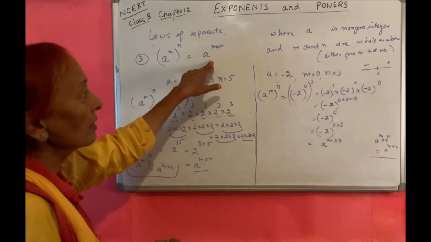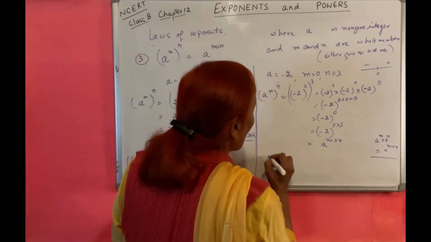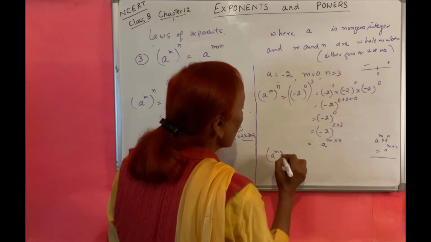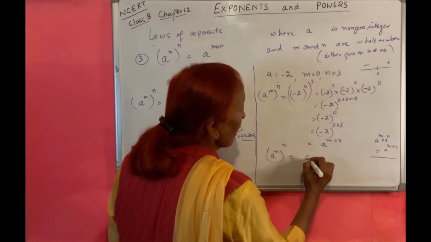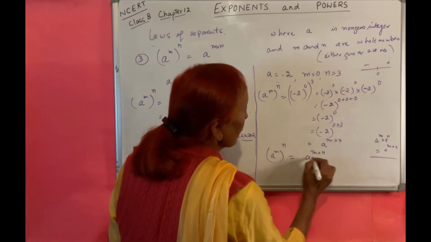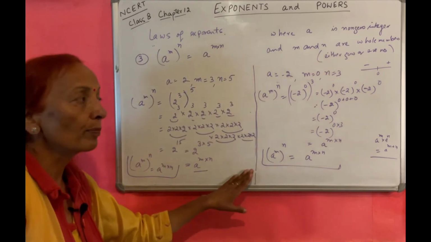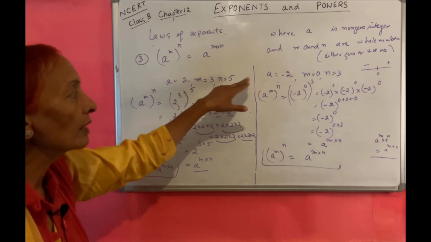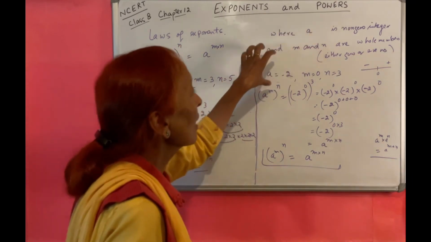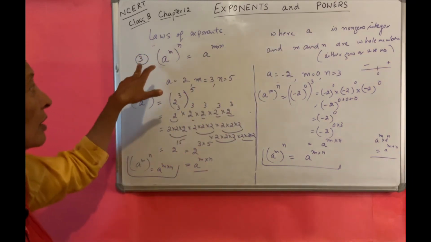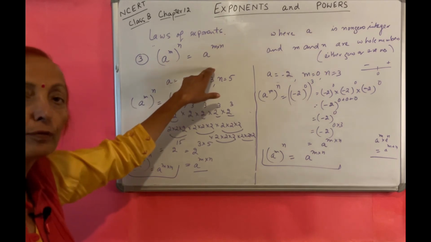This is the right hand side. So we started with A raised to power m raised to power n, and we have proved that it is equal to this. So in both the cases, this law is proved, and in both the cases, all these numbers are covered. So this law is proved.